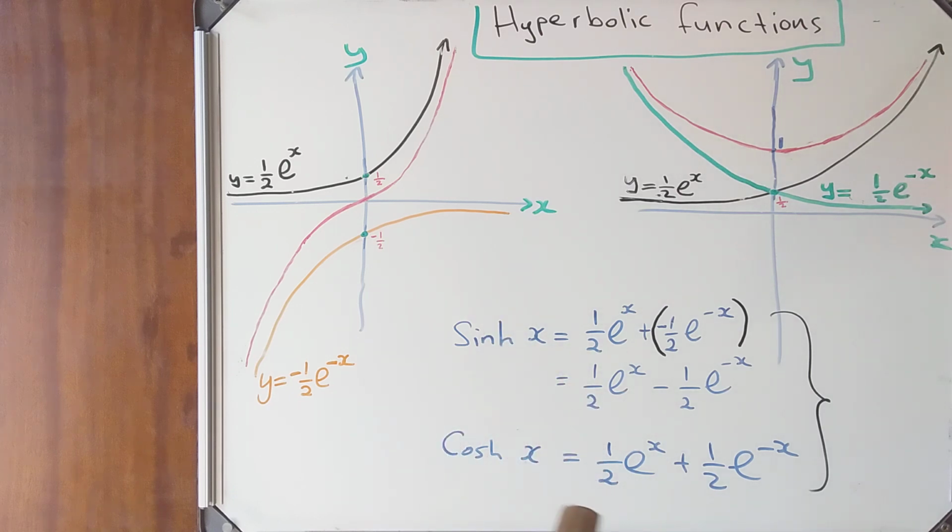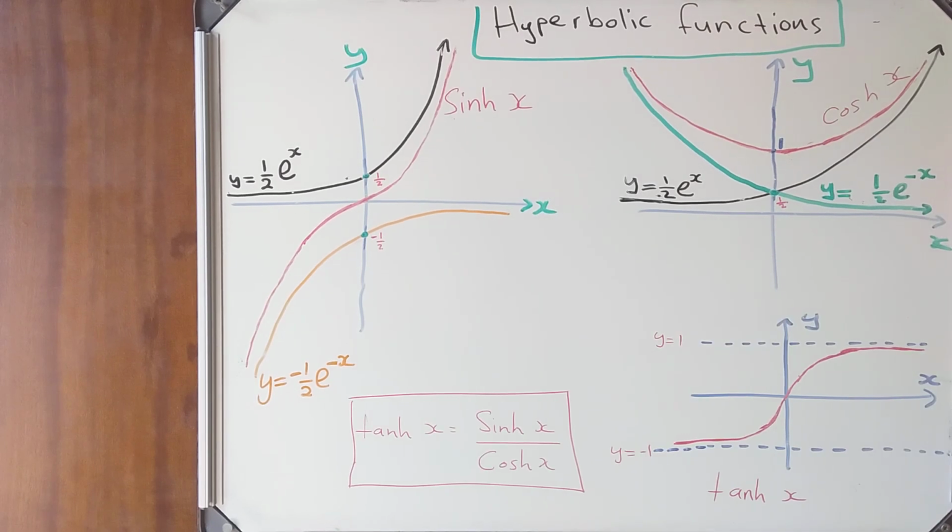So we are going to sketch again the other one for tan. So that is the graph of tanh x. How do we find that one? Simply sinh x over cosh x. And don't forget that tanh x now has asymptotes at y equal to 1 and y equal to negative 1.